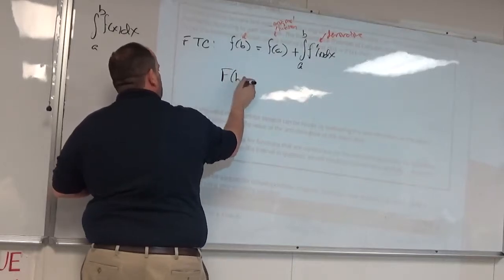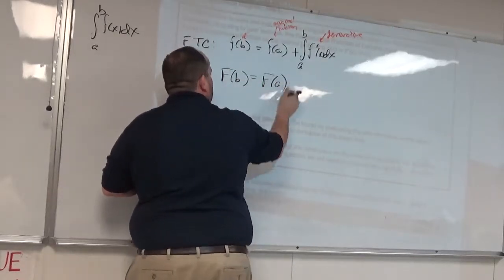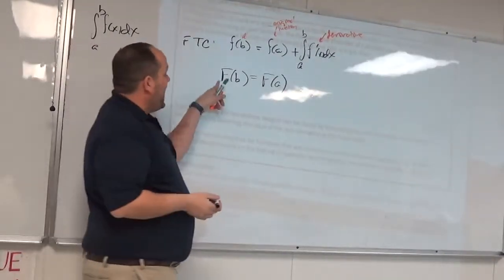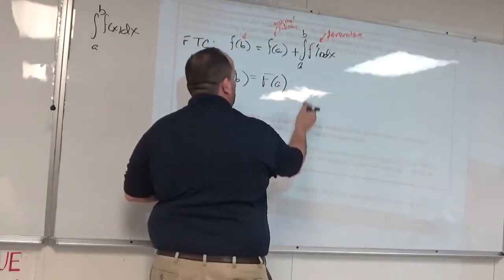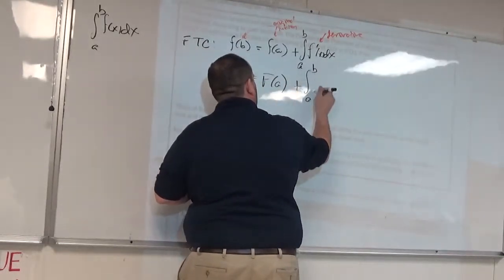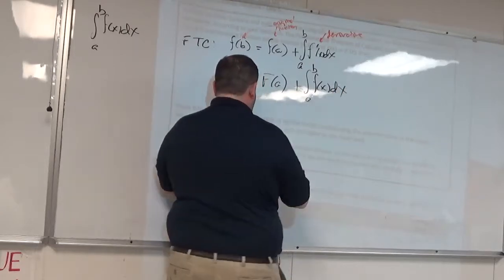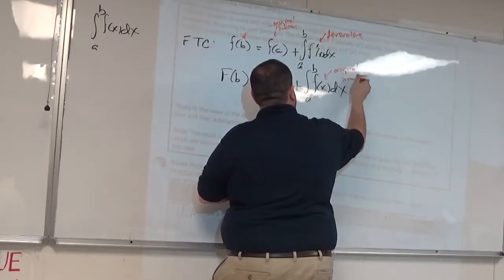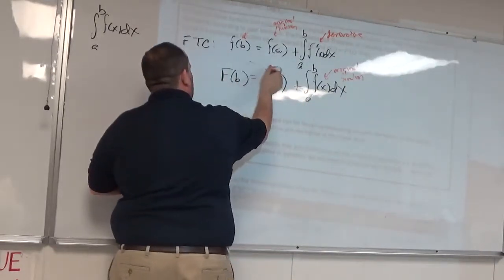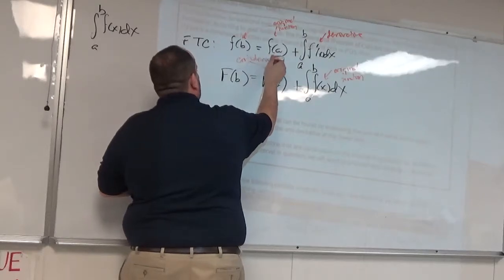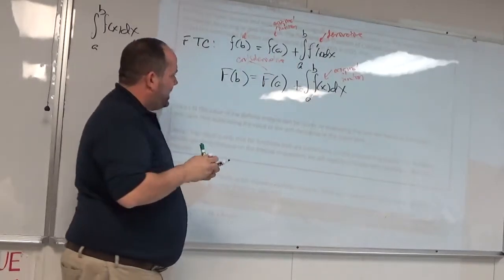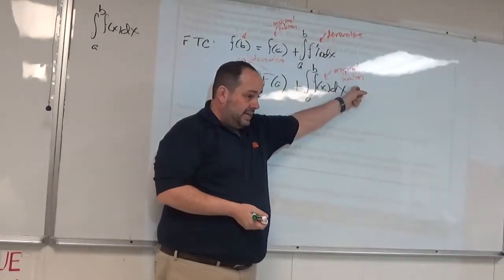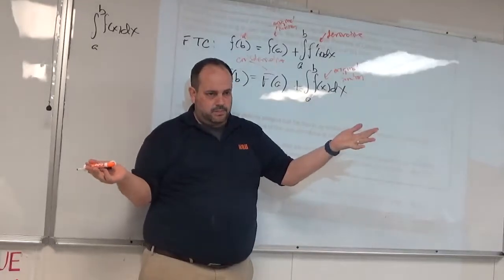They say big F of B is equal to big F of A plus the integral from A to B of little f. What do I mean by big F? The antiderivative. So now little f is your original function, the one we're interested in, and big F is the antiderivative. It's the exact same thing, because if I take the derivative of the antiderivative, you get little f.